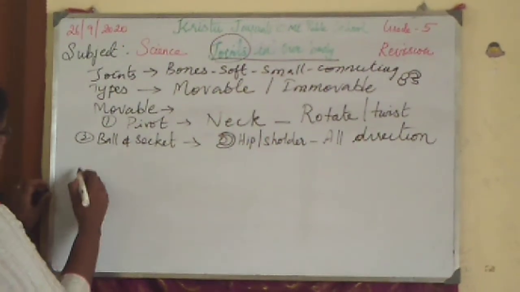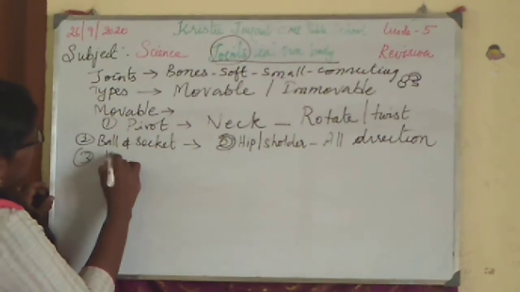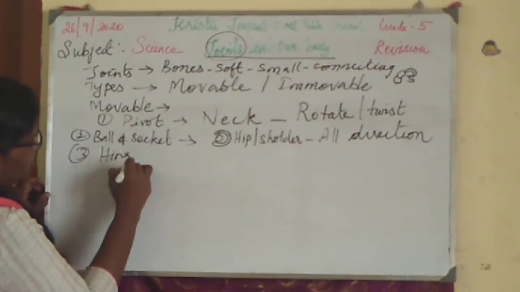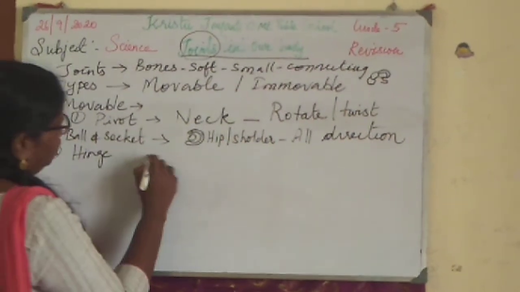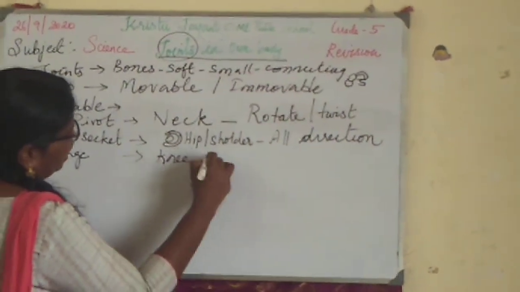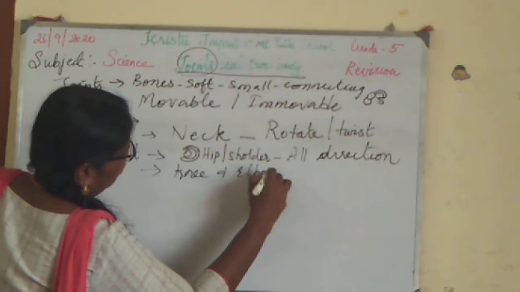Then we have another type called hinge joint. This is present in your knee and elbow.